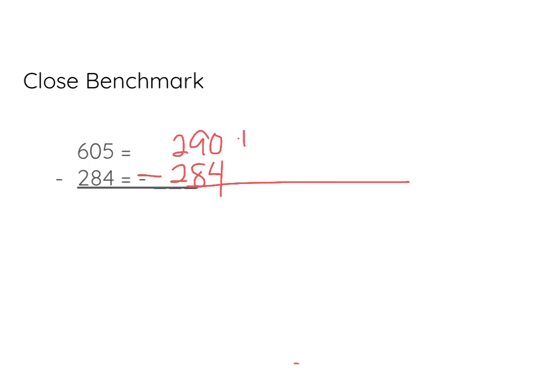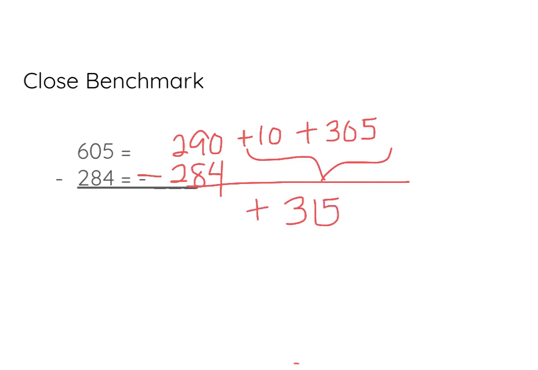So first I will add 10 to get to 300. And then I will add 305 to get to 605. Combine all that together for 315.